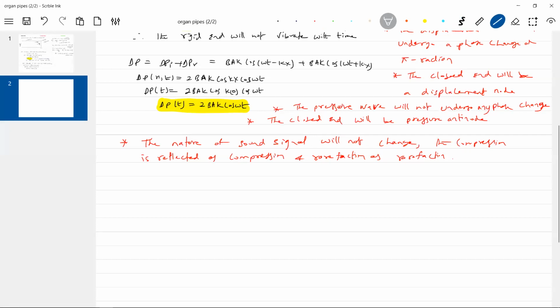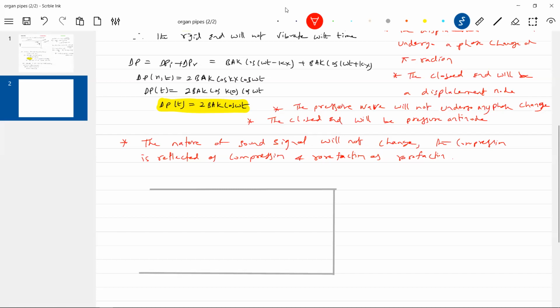So I'll express it through a diagram. If there's an organ pipe, if a compression arrives here, if there's a rarefaction, I'll use some different colors: compression in one color, rarefaction in some other color.